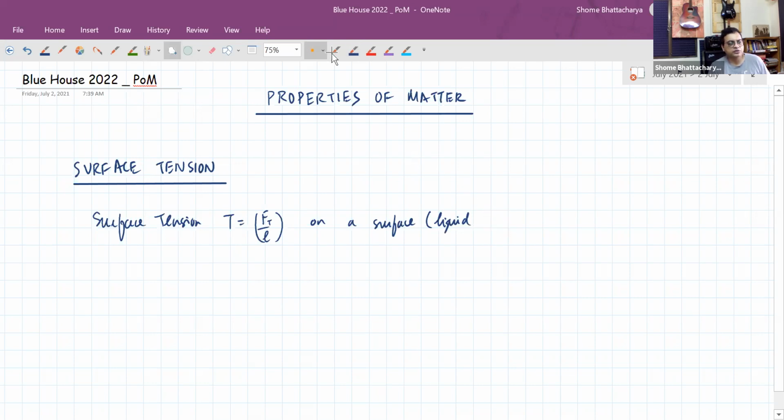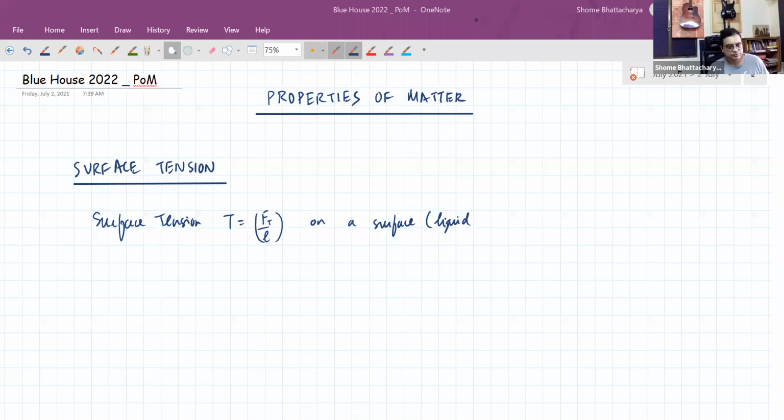And the other property of surface tension that we had understood was associated with the elastic potential energy that is stored in a surface. We had also seen that surface tension is the elastic potential energy per unit surface area.